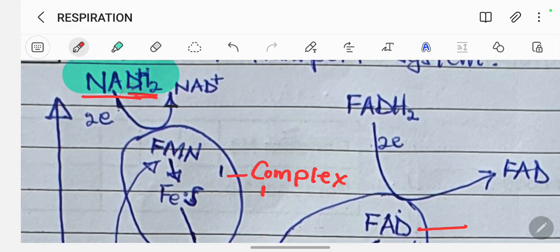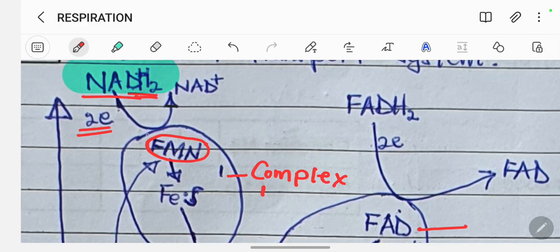So this NAD is an electron carrier. It's going to give our FMN these two electrons, and it's going to be oxidized. As it's getting oxidized, it leaves this FMN in a reduced state.